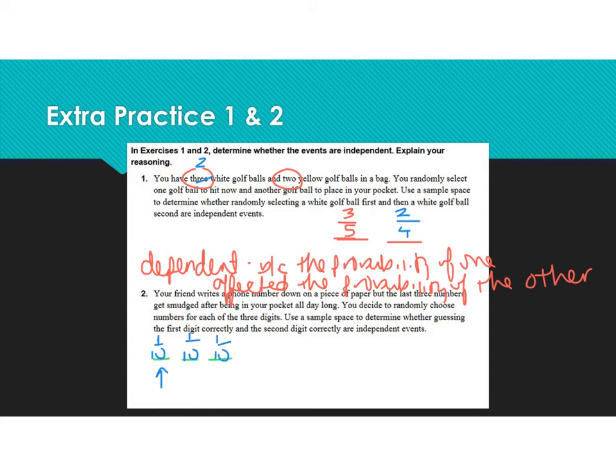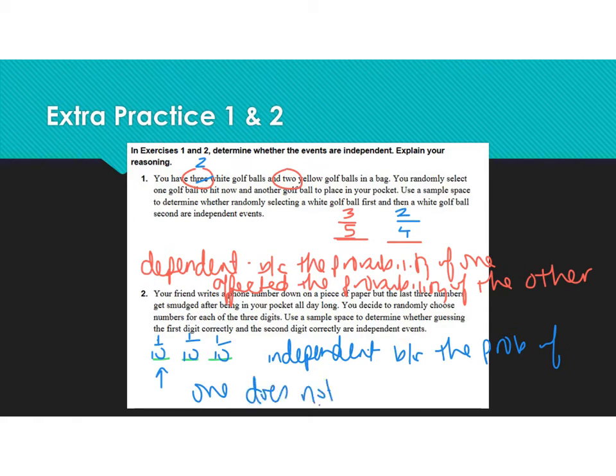It still can be any one of those 10 numbers. So this is what we call an independent event because the probability of one does not affect the probability of the other.